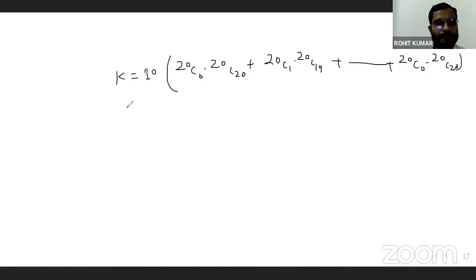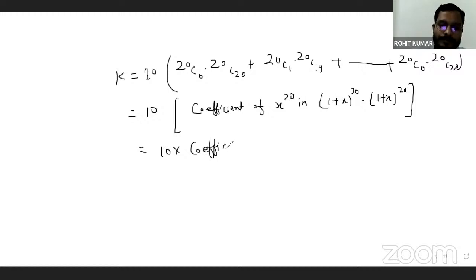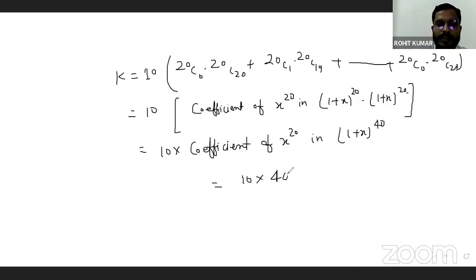All right. This is the coefficient of x power 20 in the product of (1 plus x) power 20 and (1 plus x) power 20. So 10 times the coefficient of x power 20 in (1 plus x) power 40, which is 10 times 40C20.